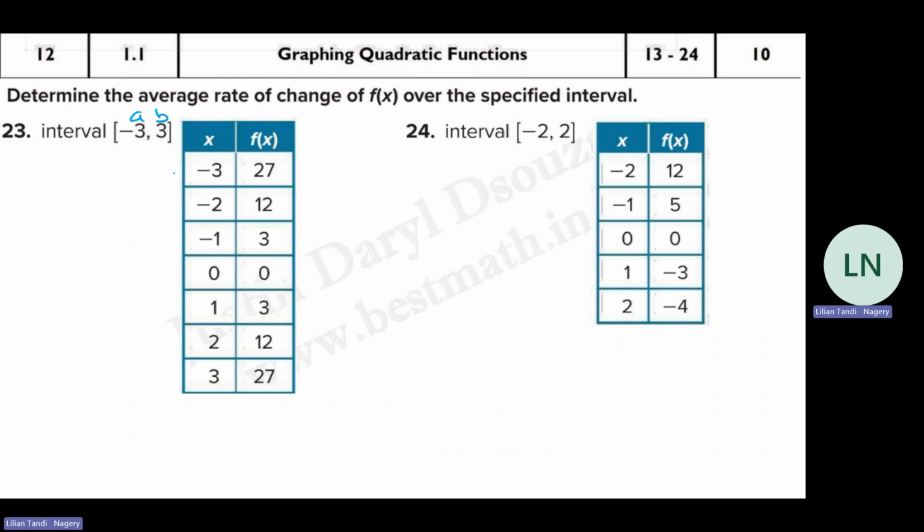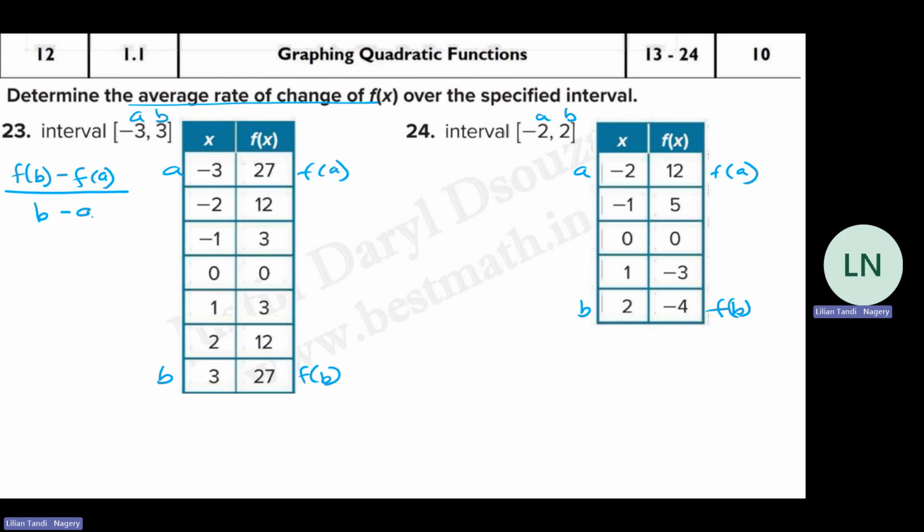A, B, F of A, F of B. A, B, F of B, F of A. F of B minus F of A, because the question wants the average rate of change.